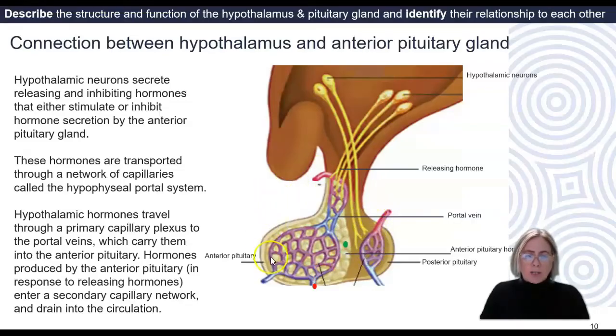And the beauty of this network of capillaries, known as the hypophyseal portal system, means that the hormones that are produced in the hypothalamus don't get diluted out in the general circulation. All of them get directly transported into the anterior pituitary gland.